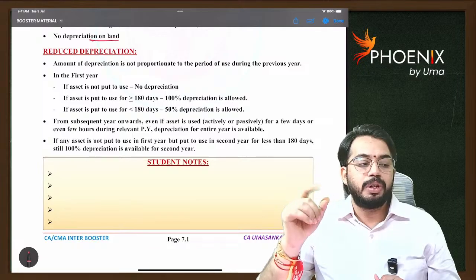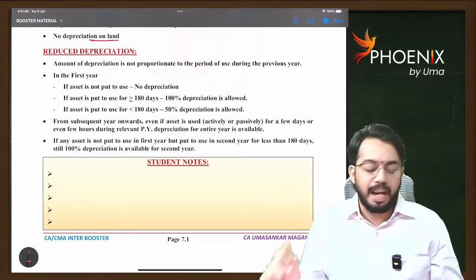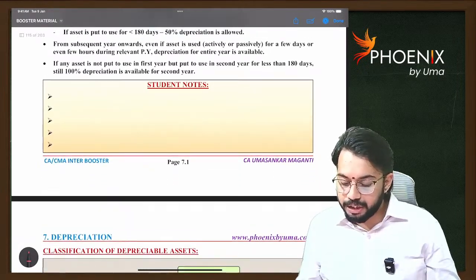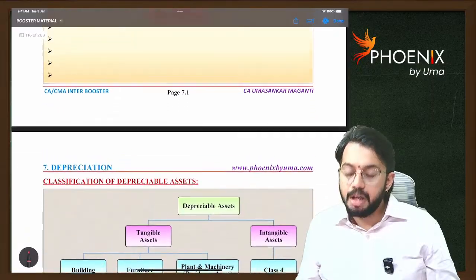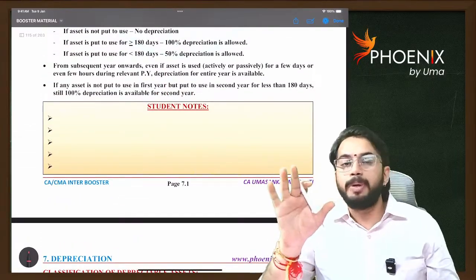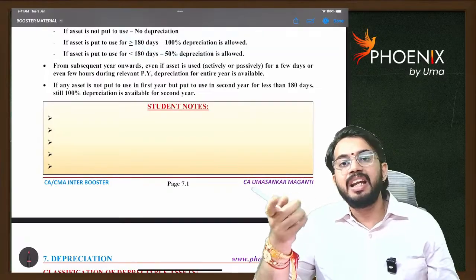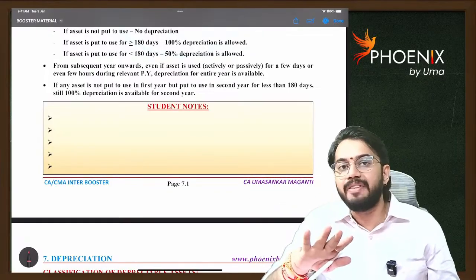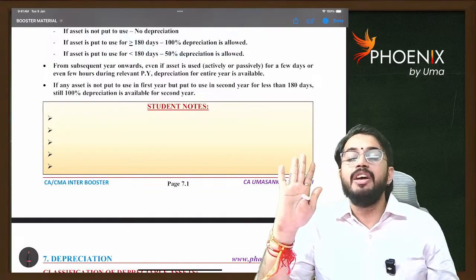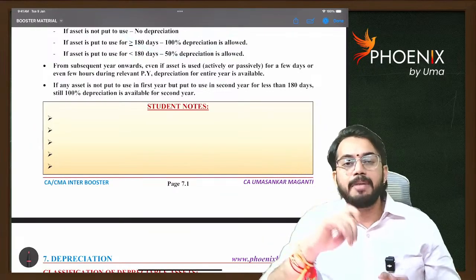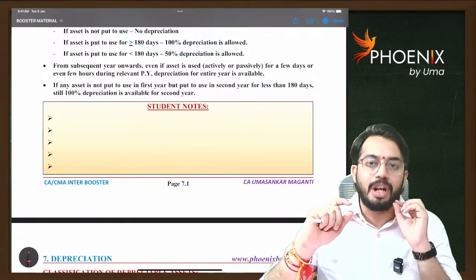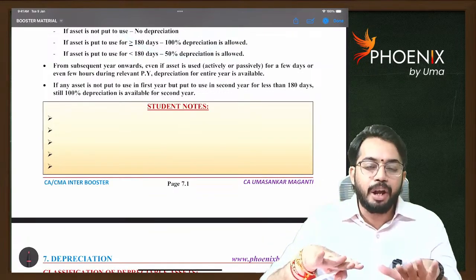If put to use for less than 180 days, we calculate the half rate. Suppose in the first year the asset is not put to use, but it is put to use in the second year. In the second year, even though it is put to use for less than 180 days, we still calculate the full rate of depreciation. That means the half rate concept is applicable only in the year of purchase.